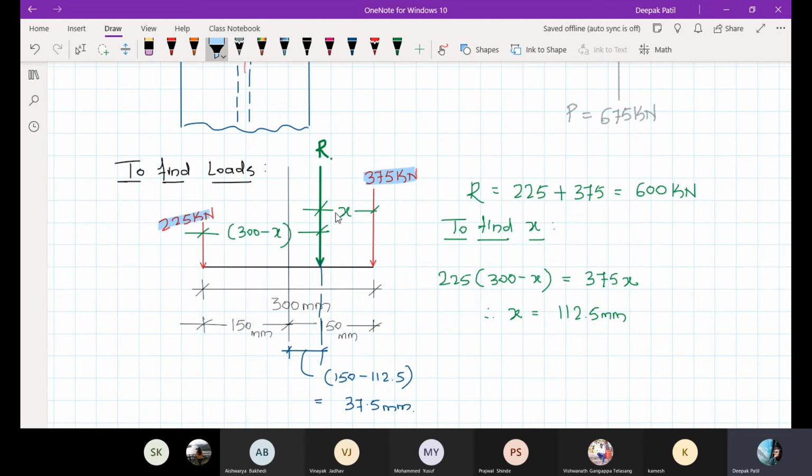Okay, at least now can anybody tell me how can I calculate Mz? Yes, anybody? How can I calculate Mz now? Okay, are you clear with finding the resultant and finding the location of the resultant?